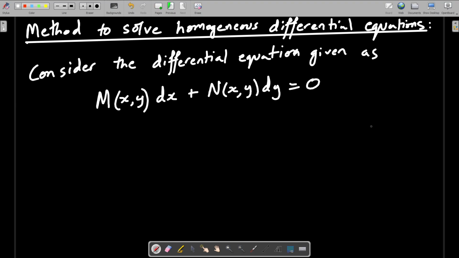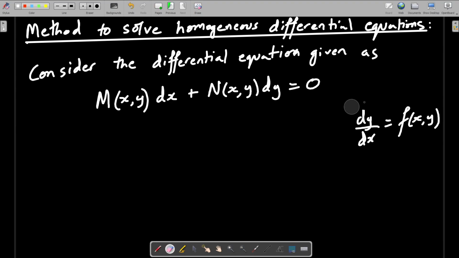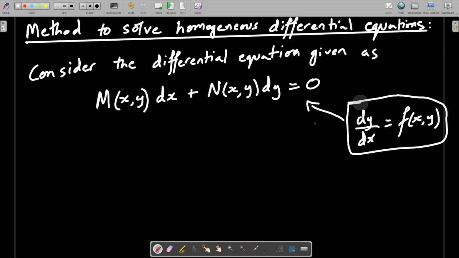What I have done basically, you all have studied the differential equation as dy by dx is equal to f of x y, right? So I have kind of separated the functions over here. I have taken one of them with dx and one of them with dy. When I do examples, you will understand how this became this one. This is how your differential equation should look like. I can convert it to this form by just rearranging the terms basically.